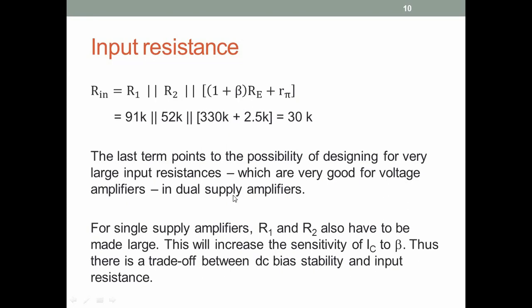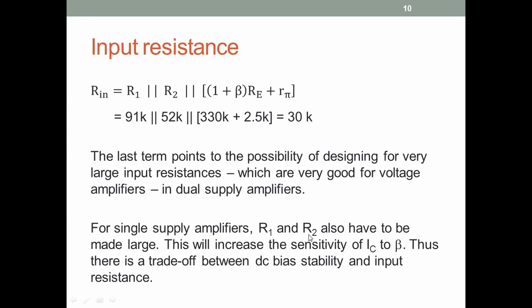for dual supply. If one uses a single supply, also this can be large, but then one has to make R1 and R2 also large, which is possible. But if you go back to our design of the DC circuit, where we had designed R1 and R2 to make IC insensitive to beta, there were some constraints there. You go back and look at them, and the constraints were such that R1 and R2 could not be very large.